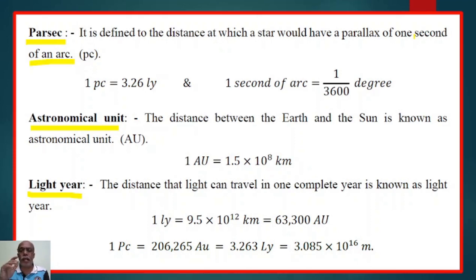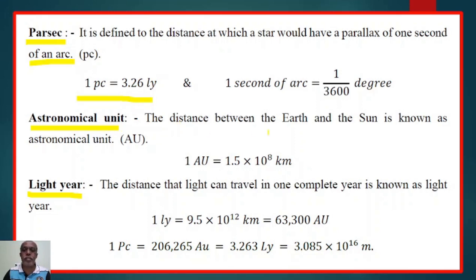Parallax is nothing but the angle, the semi-angle or semi-vertical angle. If the star makes a semi-angle of 1 second of an arc with the Earth, then the distance of that star from the Earth is said to be equal to 1 parsec. And 1 parsec is equal to 3.26 light years. So coming to the astronomical unit.